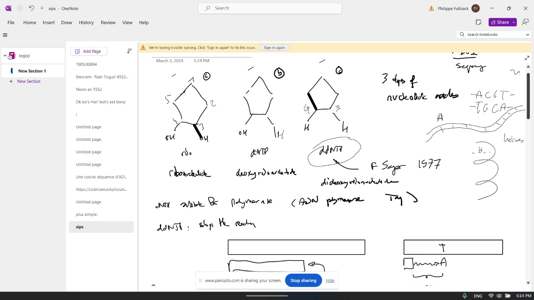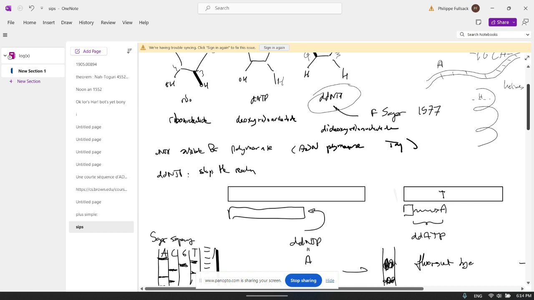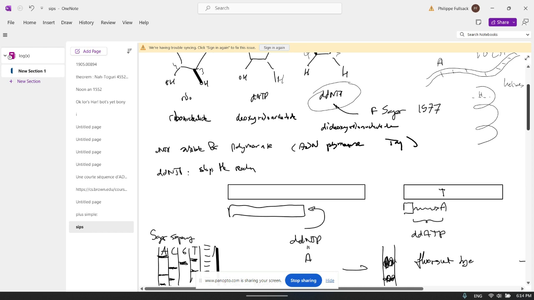All right. So what happens when you want to sequence the DNA of some organism is you can use the classical method of Sanger. And as I said, Sanger took advantage of the fact that the polymerase stops if it meets a dideoxynucleotide. So we have the template here, one strand.